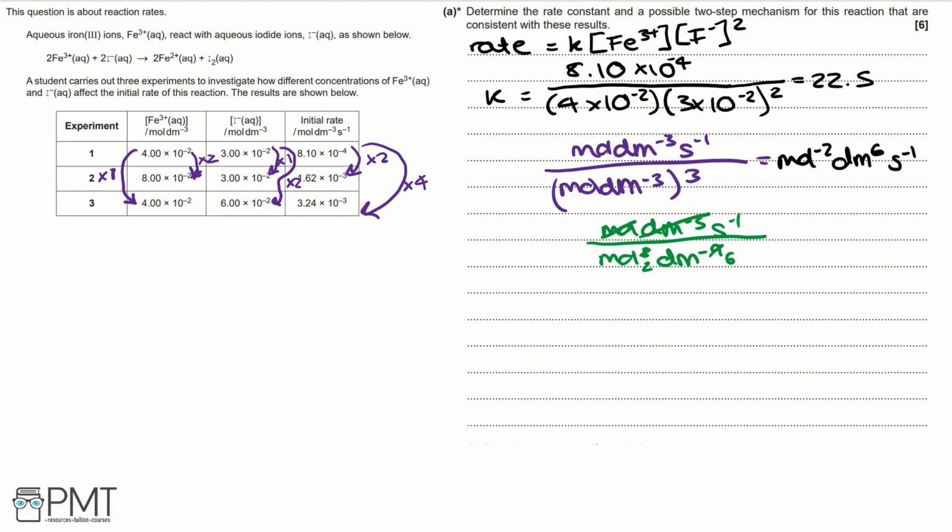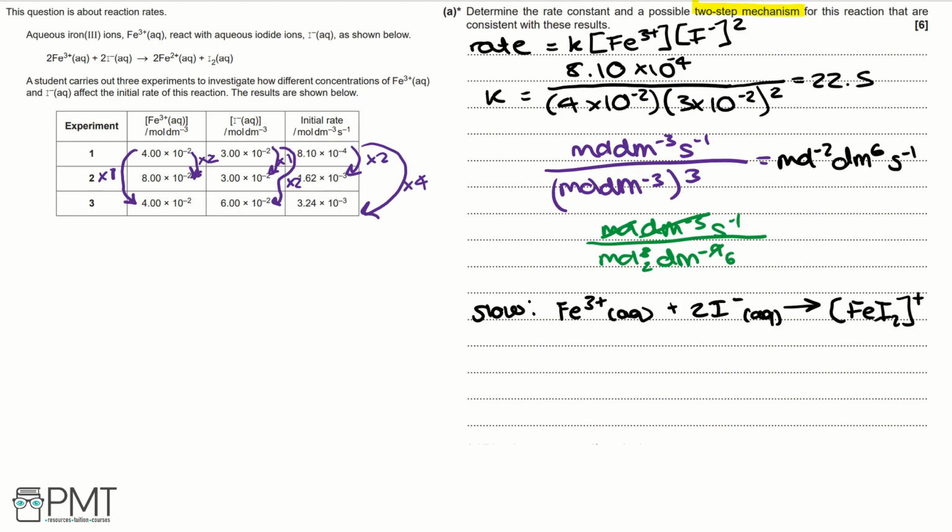Finally, we need to work out a 2-step mechanism for this reaction. So we need a slow step first, and we can write this as a possible example: Fe3+ (aq) plus 2I- (aq) produces Fe2+ as our slow step.